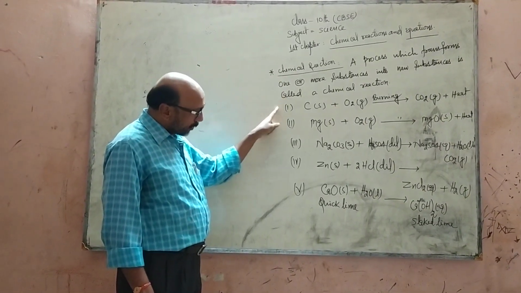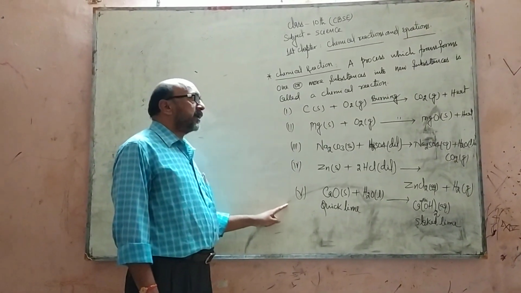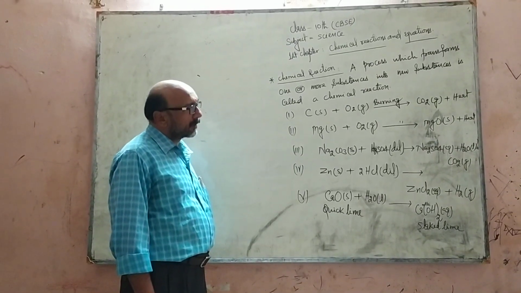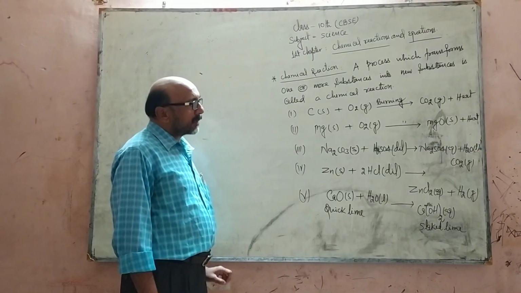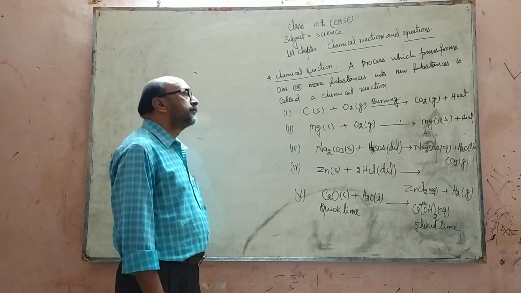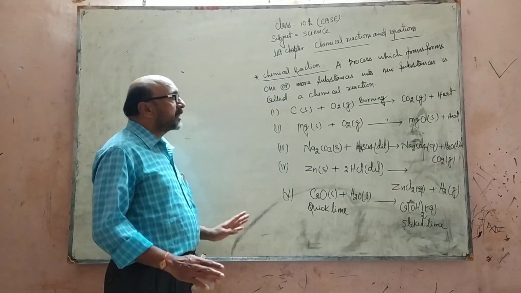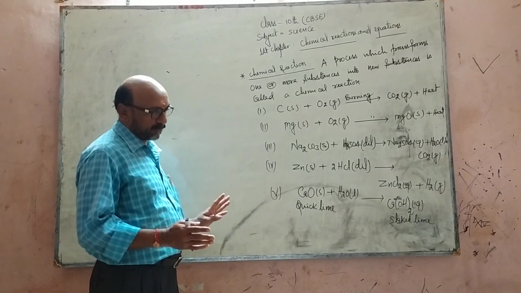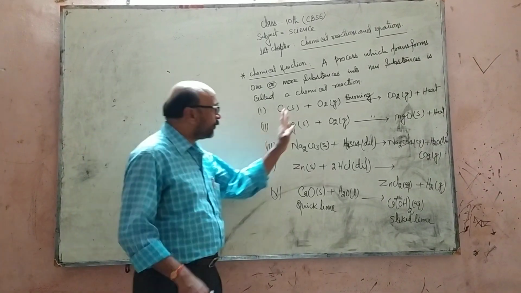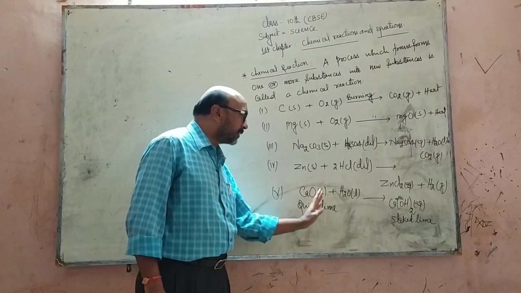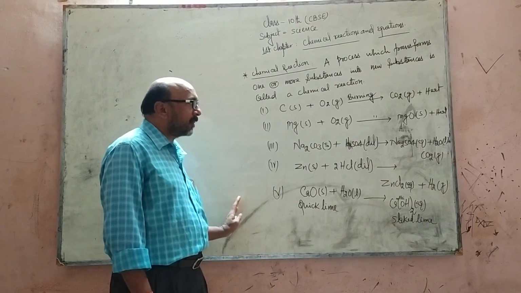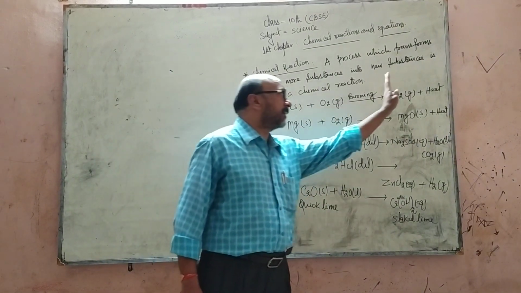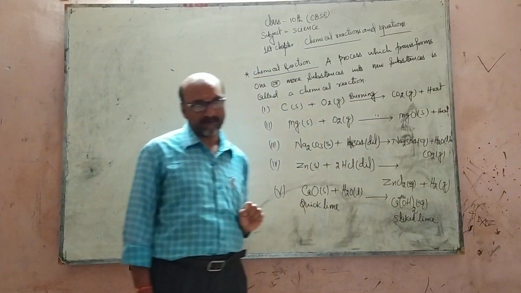After the discussion of these chemical reactions, we can conclude each chemical reaction has two parts. One which we have written here in the left hand side, and other which we have written here in the right hand side.